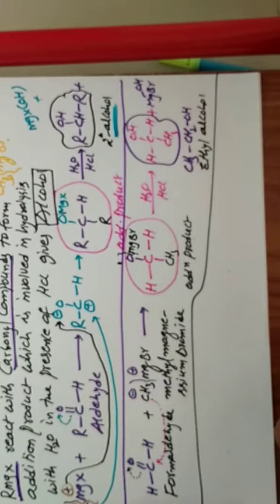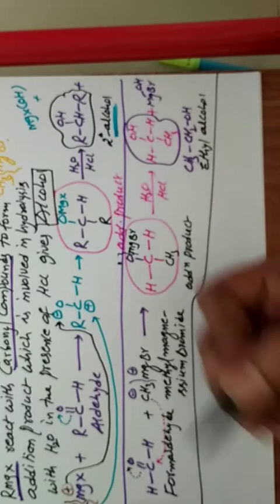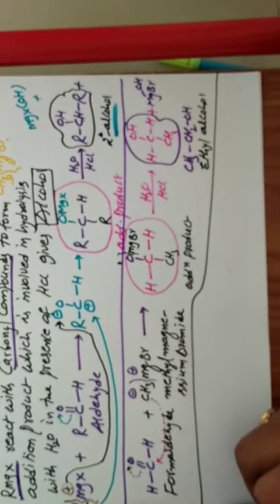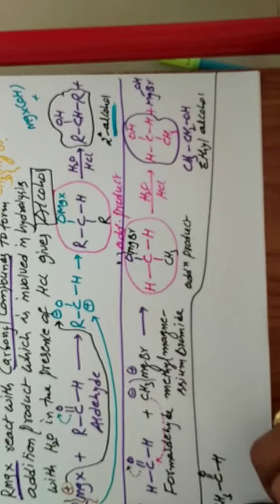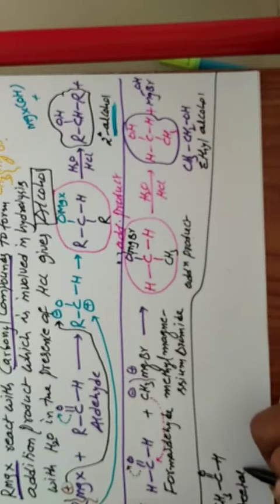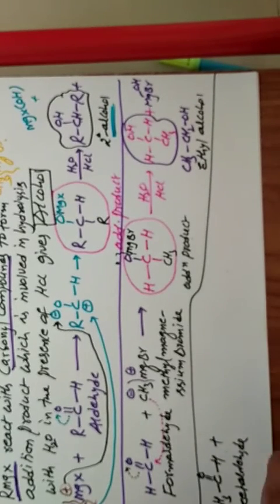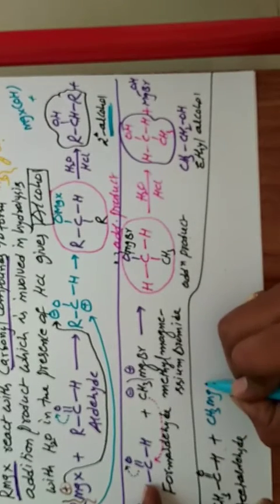Suppose you take one more aldehyde, acetaldehyde, for example. What is the formula for acetaldehyde? Acetaldehyde plus methyl magnesium bromide.